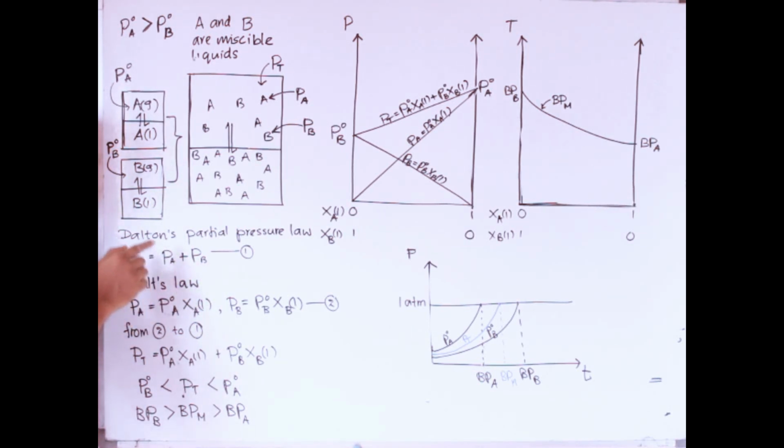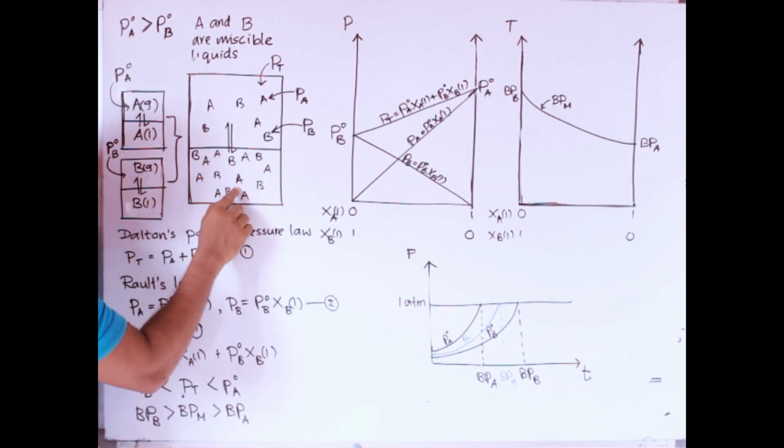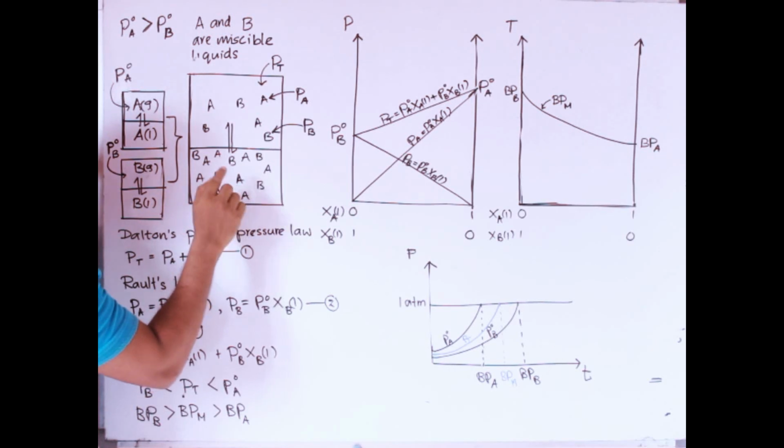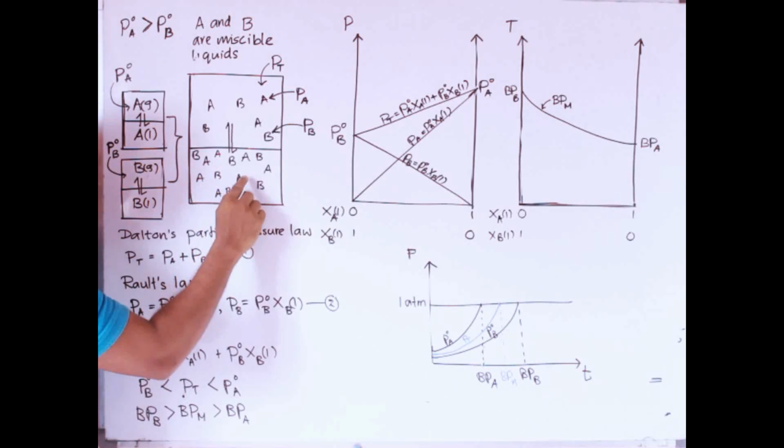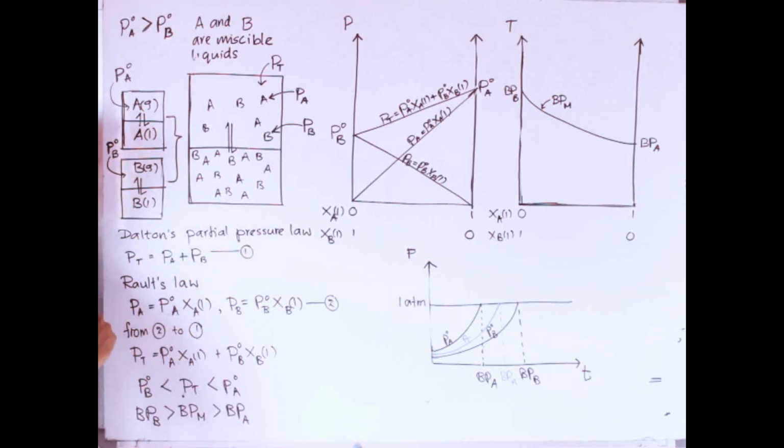You know that according to Raoult's law, the partial pressure is equal to the saturated vapor pressure of the liquid and the mole fraction of the particular component in the liquid phase of the solution. So PA is equal to P0 A into XA liquid in the solution.